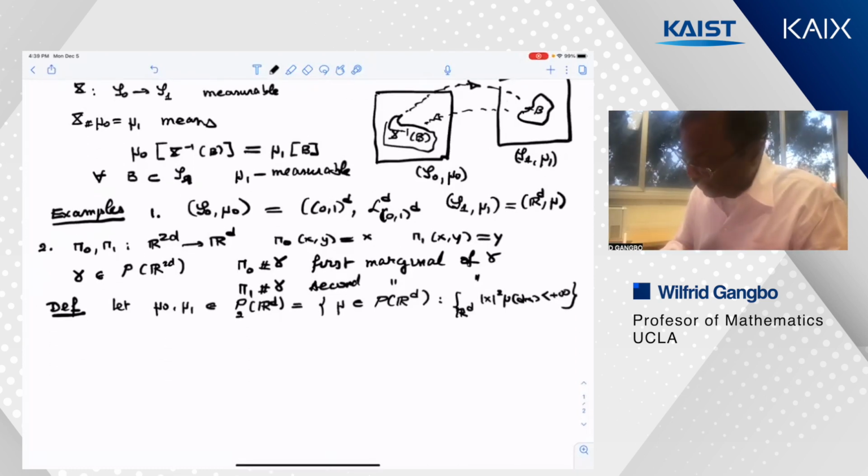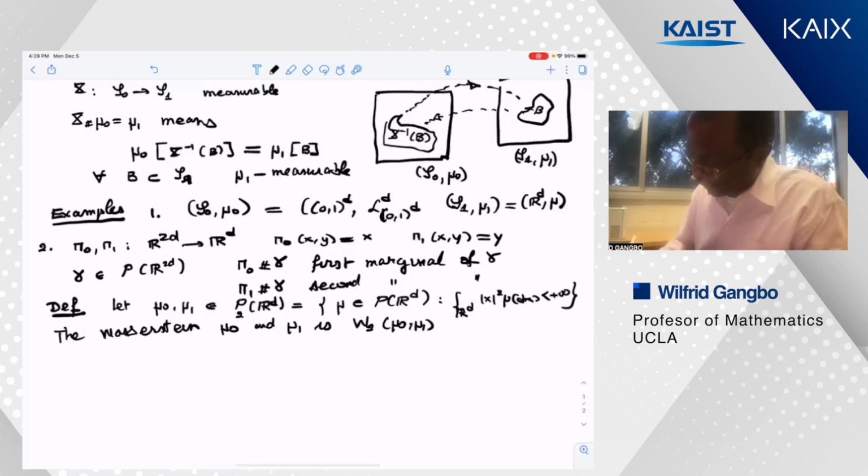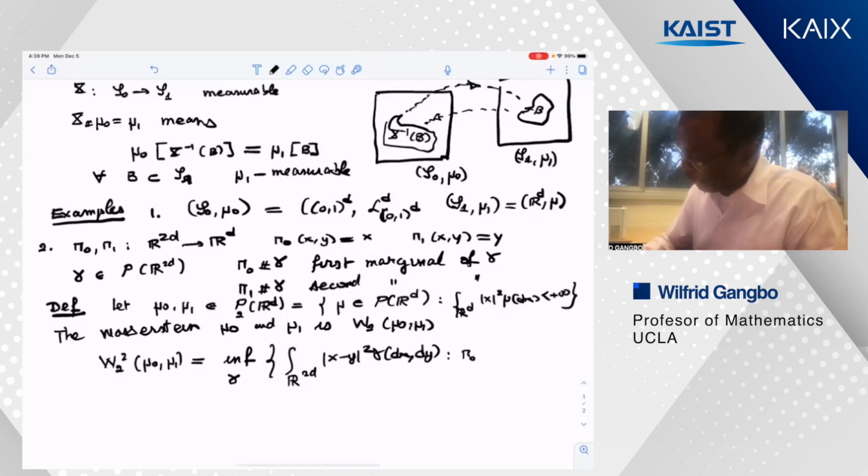So the Wasserstein distance between mu naught and mu 1 is denoted as W2(mu naught, mu 1), and the square of it is obtained by minimizing over the set of gamma, the integral over R^2d of |x minus y| squared, gamma(dx dy), where the first projection of gamma is mu naught, and the second projection of gamma is mu 1.